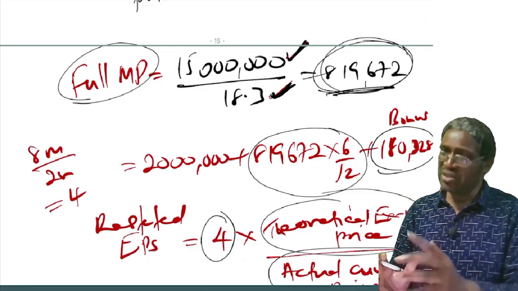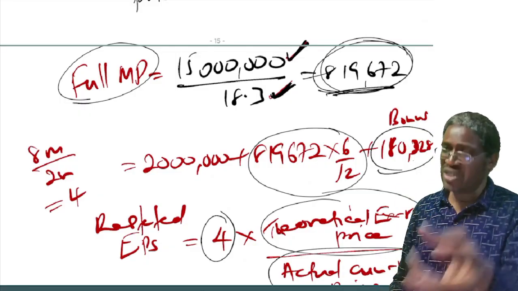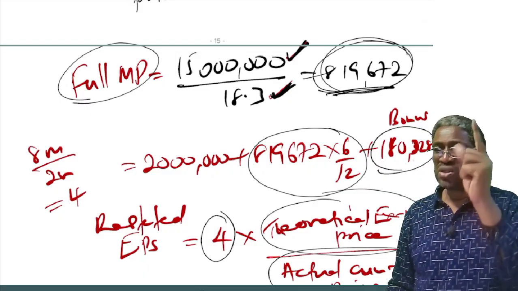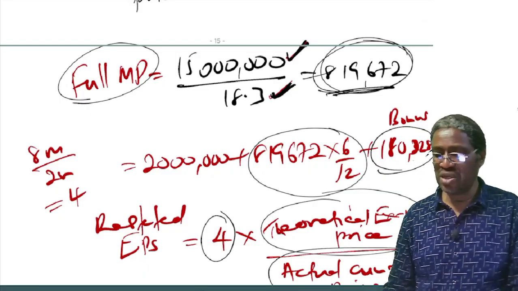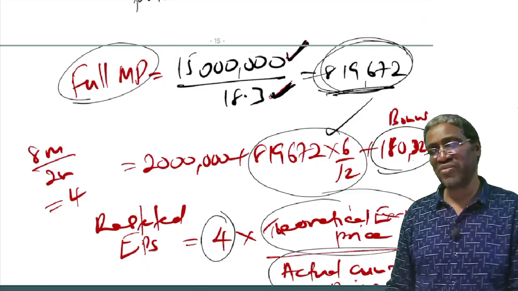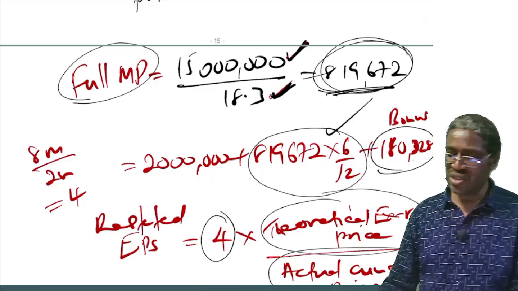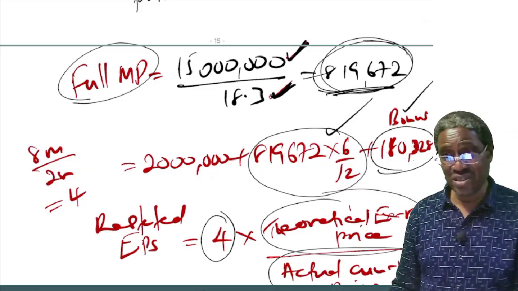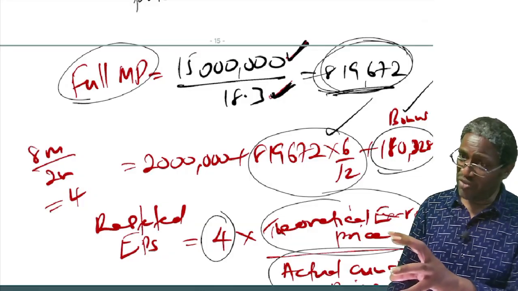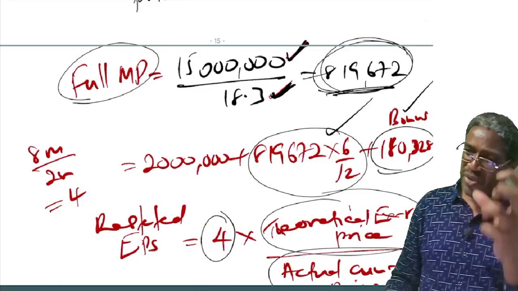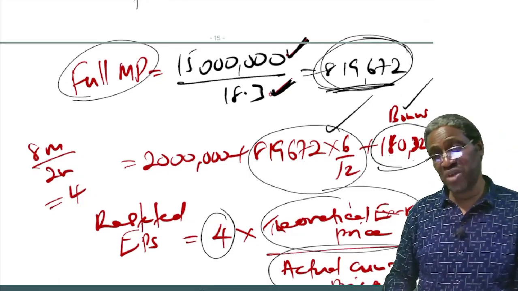Once you separate, get the balance as bonus, then you know the rules. Those issued at full market price must be weighted. That's what we have said. Those issued as bonus are never weighted. Again, because of the component of bonus, the EPS of the previous year should be restated.